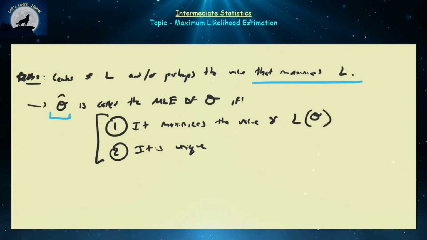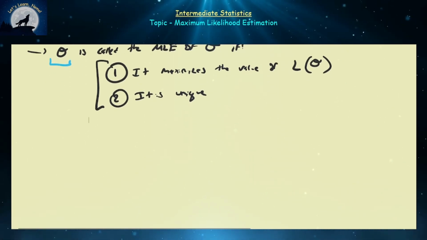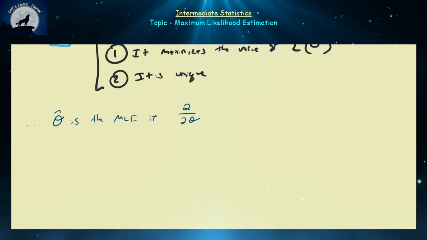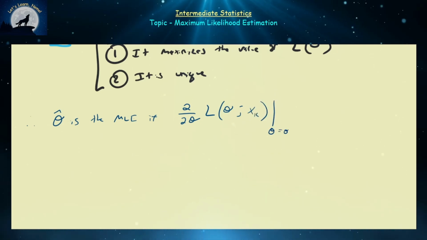So we call theta hat an MLE if it maximizes the likelihood function. Therefore, theta hat is the MLE if the partial derivative with respect to theta of the likelihood function L(theta; xk), evaluated at theta equal to theta hat, is equal to 0.